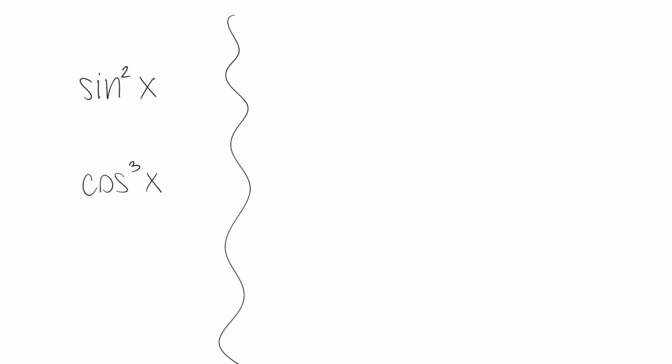And whenever the squared is written directly on the trig function, so not on the variable, that is the same thing as having sine of x squared. Or in this case, cosine cubed x is the same as cosine of x cubed.